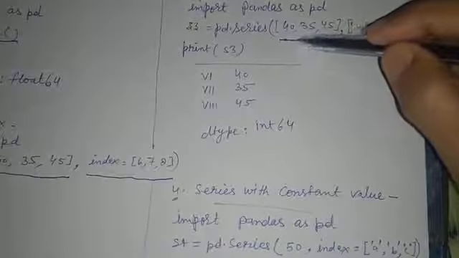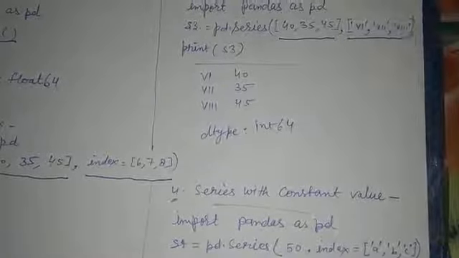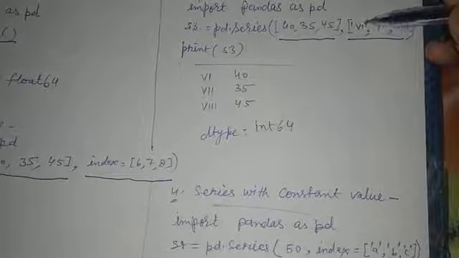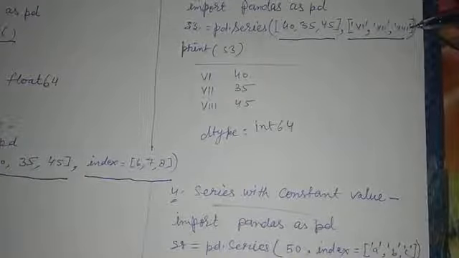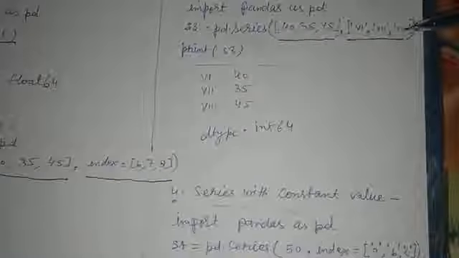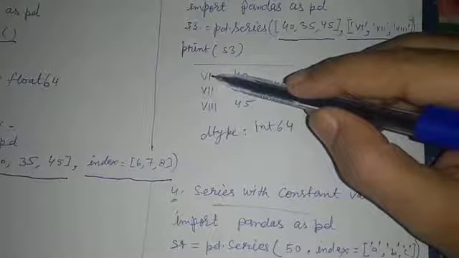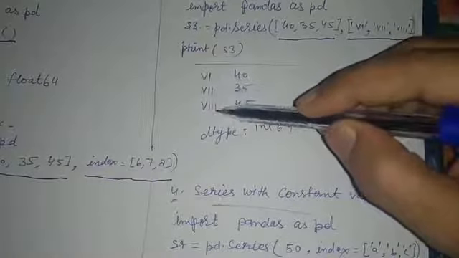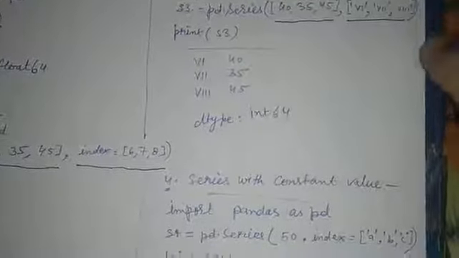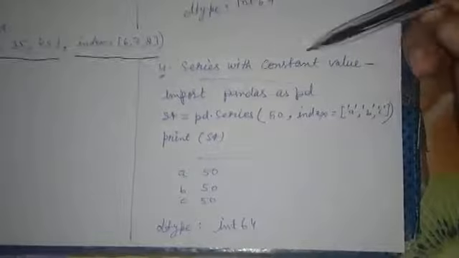The first argument is data and the second argument is index. Now note that indexes are given as string values. So this is a very interesting thing about series. Let's print s3. You will see that indexes are string values. Okay. The fourth thing is creating series with constant value.